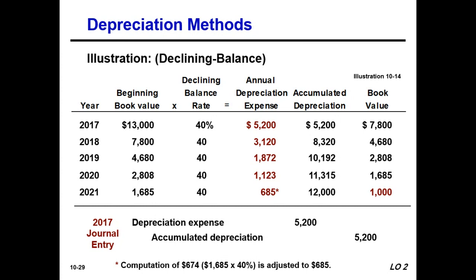So you have higher depreciation at the beginning, right? This is why we call it the declining balance method. Yes, is it clear?